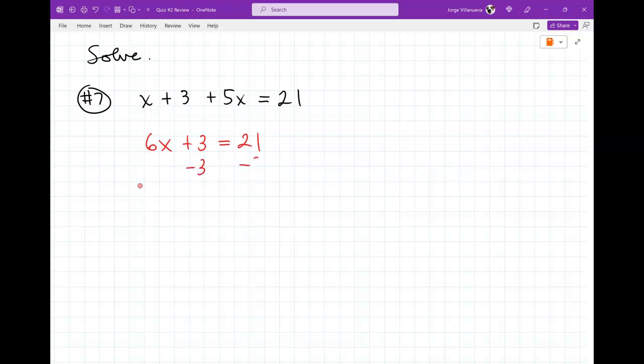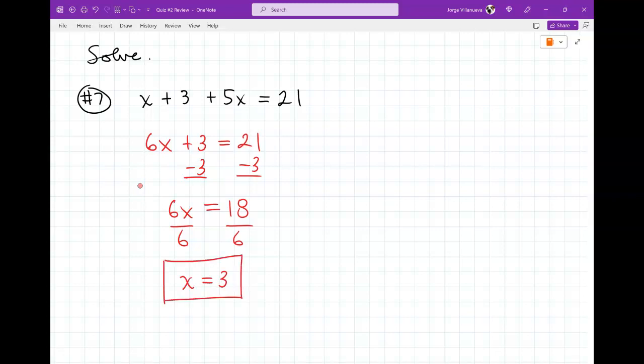So minus 3 on both sides. That gives me 6x equals 18. And if I divide both sides by 6, what's my answer? 3, right? So if I divide by 6, I get x equal to 3. So that's done. Bless you, by the way. So there you go.